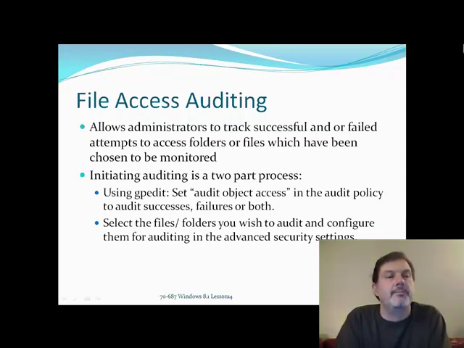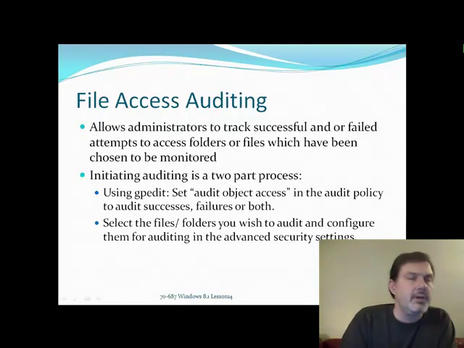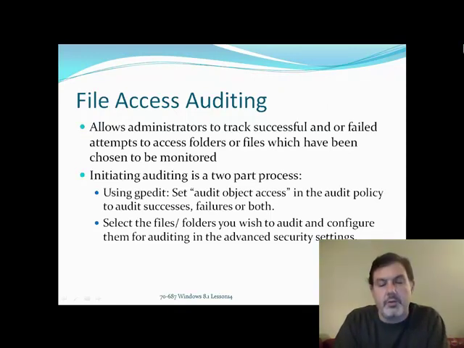Okay. So, the second part of that, after we have turned on the audit object access through group policy, is going in and selecting the specific folders and in some cases files that I want to audit. And I'm going to configure my security principals for each of those folders or files that I want to audit. Generally speaking, we like to do that in groups.